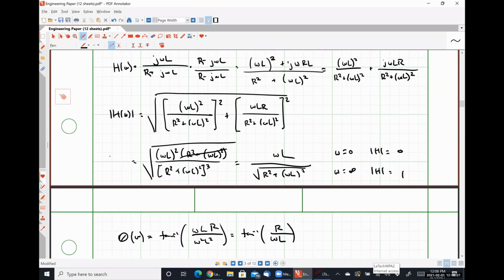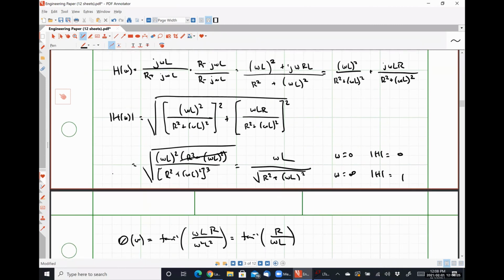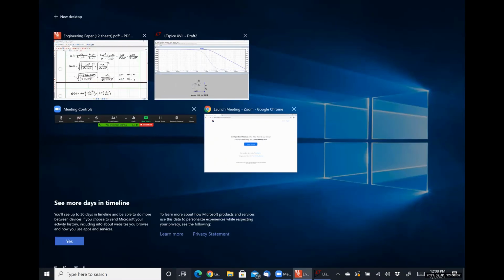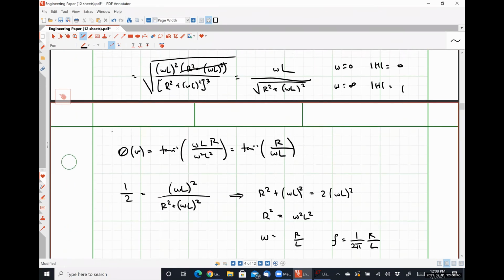I think the only change here is in our transfer function. We should have a 1 in the numerator. You can mathematically prove that pretty easily. And then it's going to flip the angle, so we should have omega L over R, I believe.